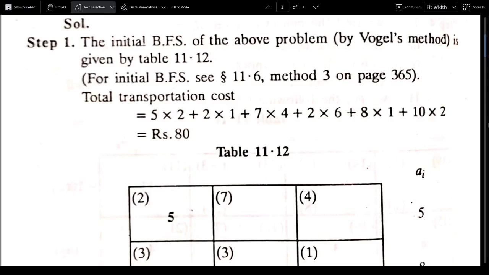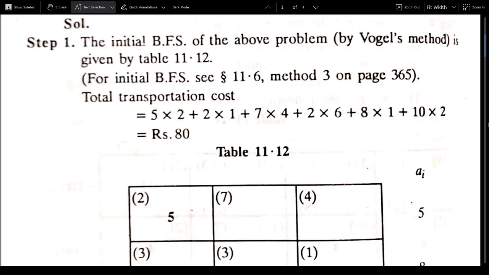But when we use Vogel's approximation method and it gives transportation cost rupees 80, then the other two methods when we apply will give either 80 or more than 80, not less than 80. So Vogel's approximation method we use. For this reason, we use Vogel's approximation method.